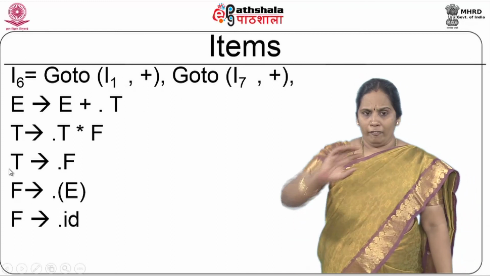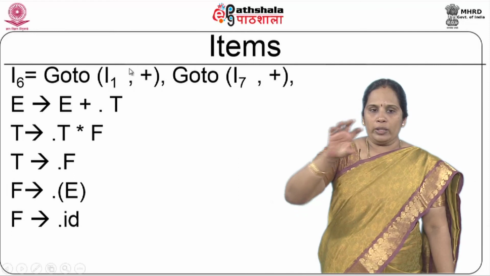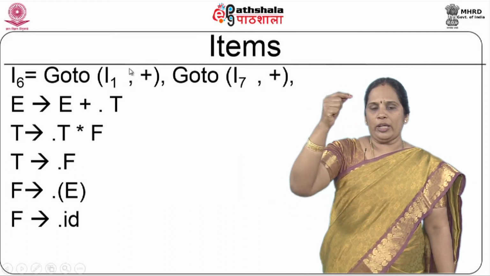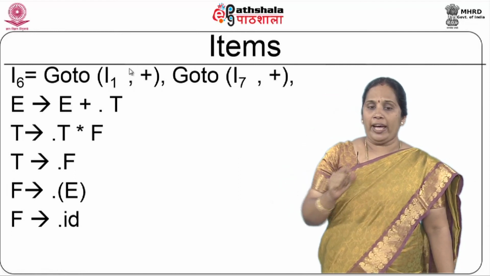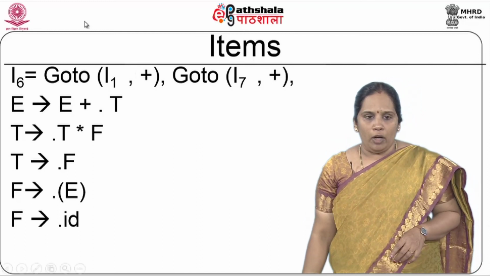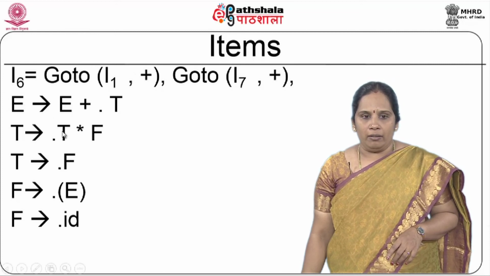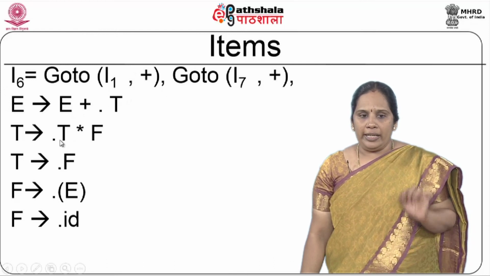So, for moving the dots and for looking at the goto, I should look at the RHS of the production and check at which position the dot is appearing. So, I have to now find out I6 comma T, and these two will qualify. T is here with the dot in the beginning, T is here with the dot in the beginning.